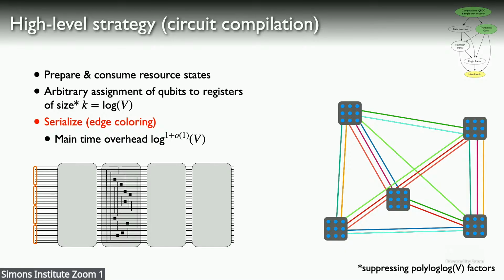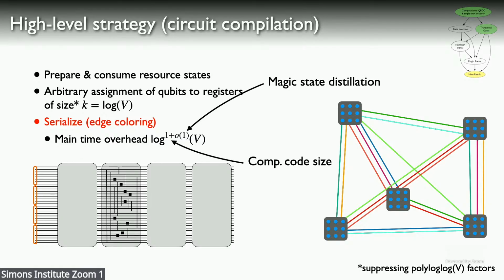So this is a serialization cost. With our gate set, we only know how to perform one gate at once, so we have to do this serialization. Roughly that gives us this log time overhead, which is the main overhead in our construction.